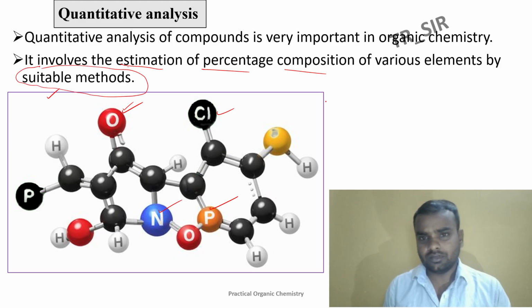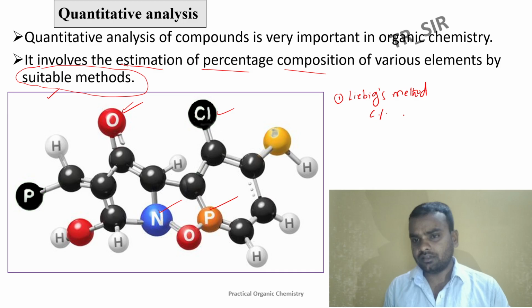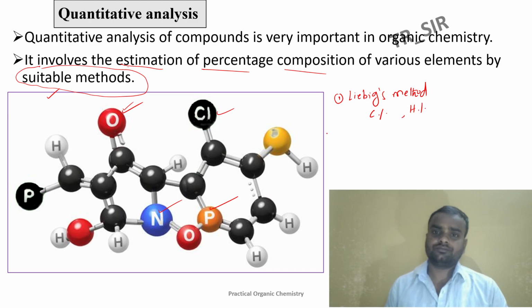For example, Liebig's method. In this method, we'll try to find the percentage of carbon and the percentage of hydrogen.